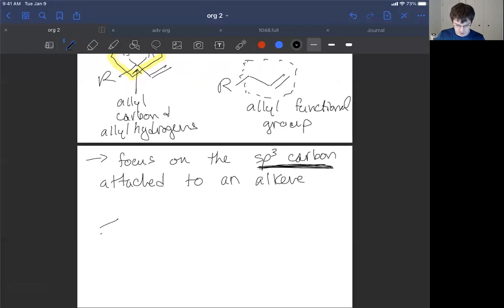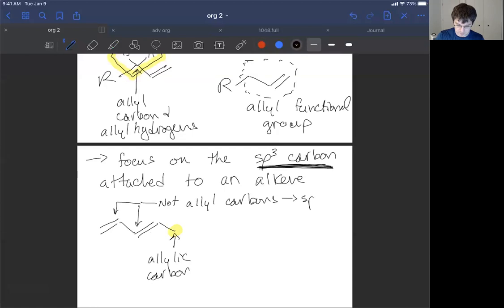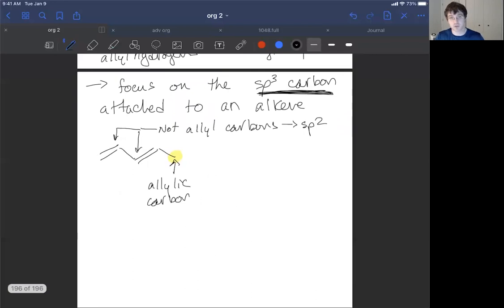So if we look at some examples, here's a really good starter example. It turns out that the allyl position that we care about is right here. This is our allylic carbon because it's a carbon atom, a CH3 in this case, next to an alkene. This and this are not allyl carbons because they're sp2. Now we can put other functional groups onto that allyl carbon and we get interesting molecules.